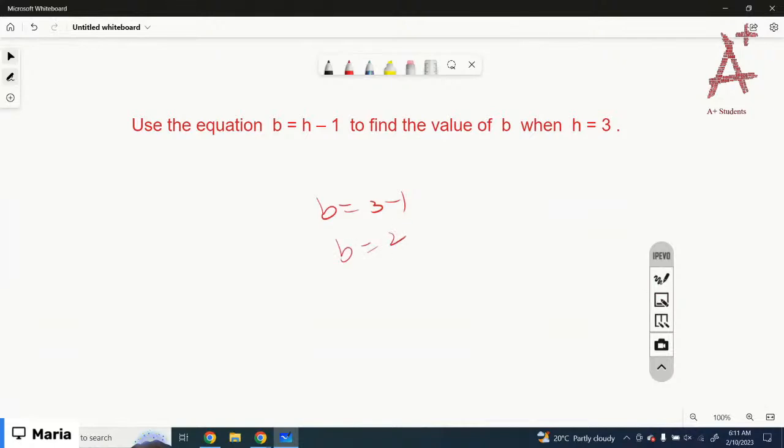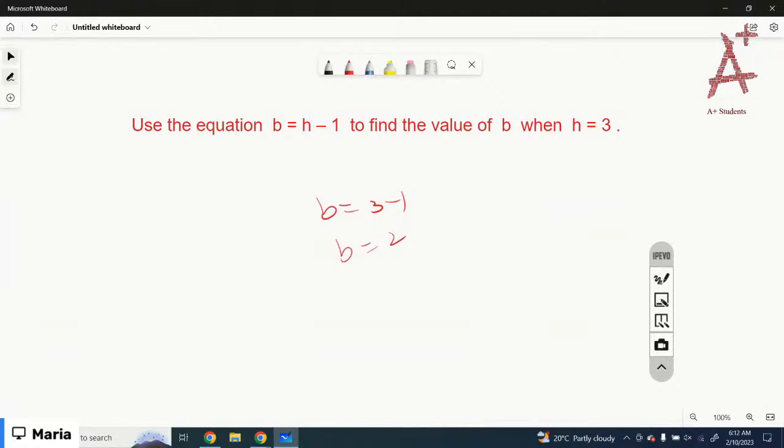Got it? So the correct option is b equals 2.